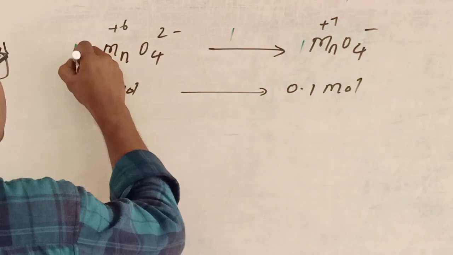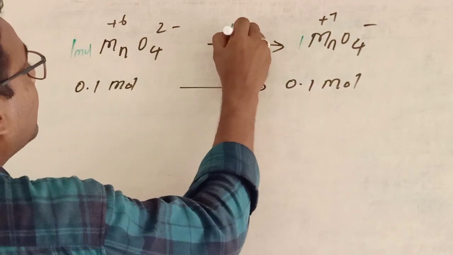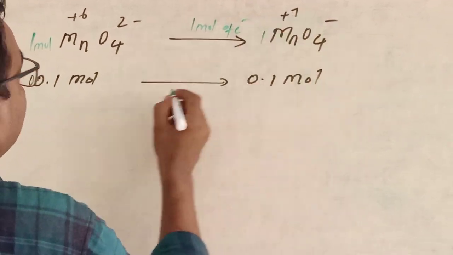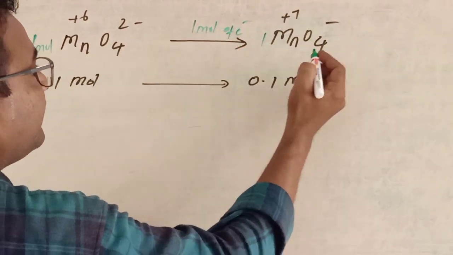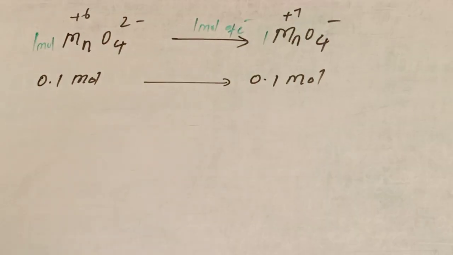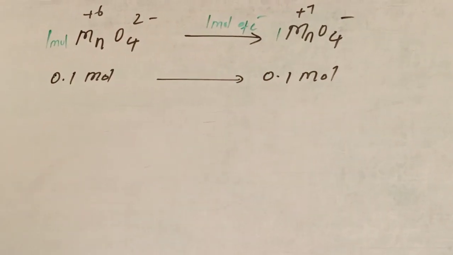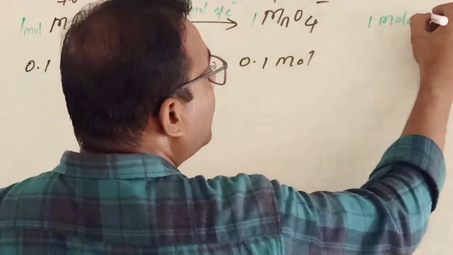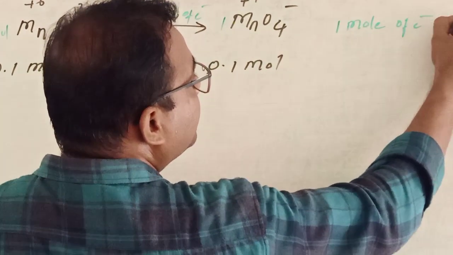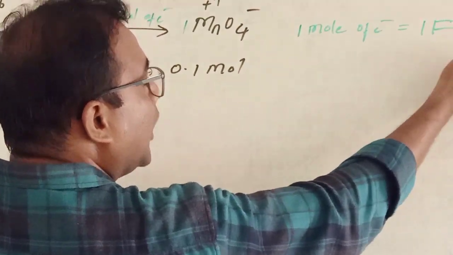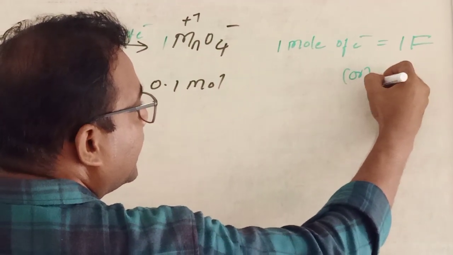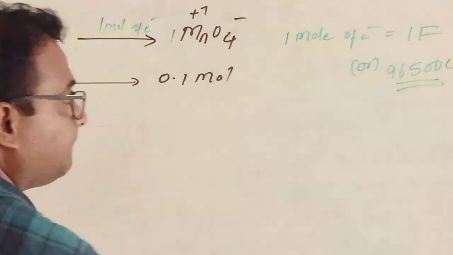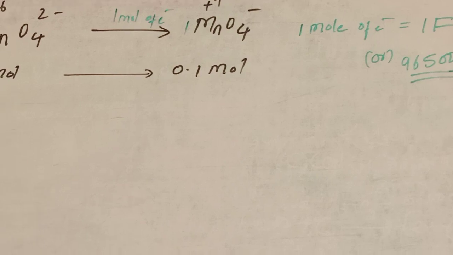If it is 1 mole, then 1 mole of electrons. We know that 1 mole of electrons means 1 Faraday, which is 96,500 Coulomb.